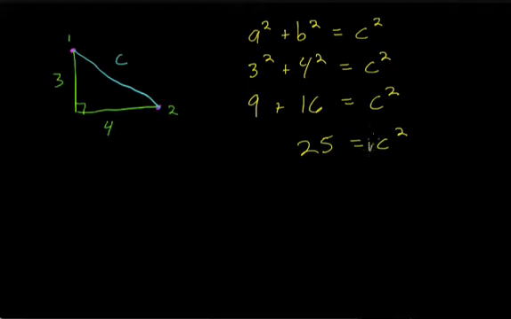Now we're going to take the square root of the right side, and the square root of the left side, and then simplify both sides of the equation. The square root of c squared is just c, and the square root of 25 is just 5.